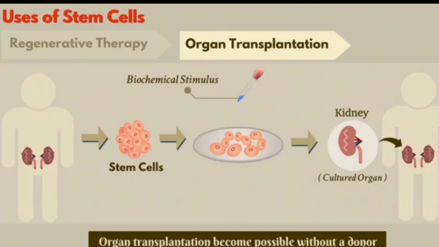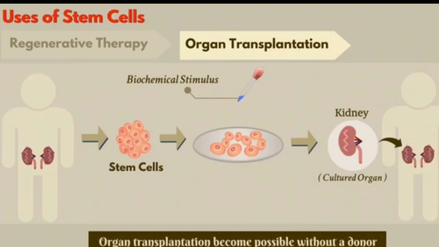The next most important use of stem cells is organ transplantation. As we have just studied, on the 5th to 7th day, if you collect the stem cells of the specific organ and give some biochemical stimulus to them, accordingly we can produce the organ which has failed in that body, and we can transplant that organ there.